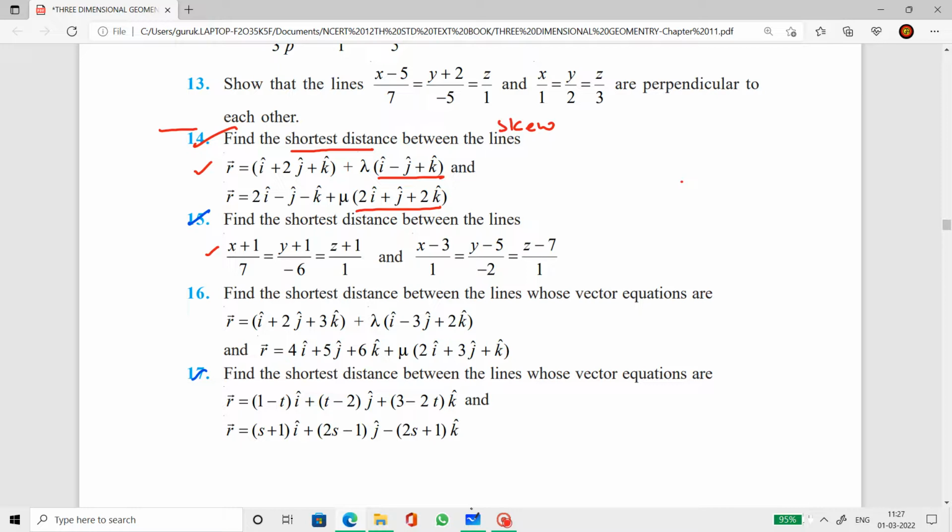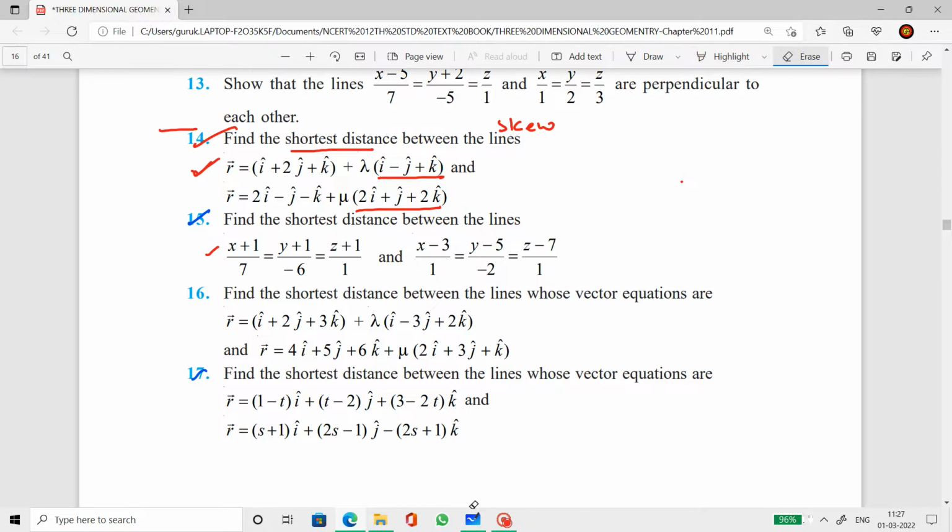So don't go for all that. Just learn the formula that I stated on the board and try to change the given equation to the comfortable form. For example, the 14th one is in vector form, which is the most comfortable form, and you should be able to relate these two forms.